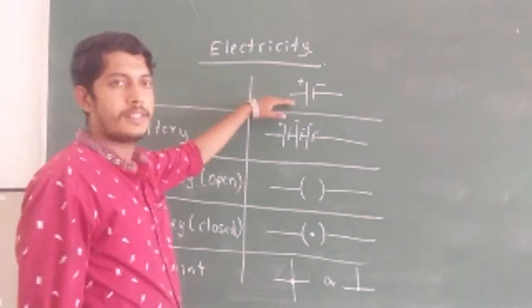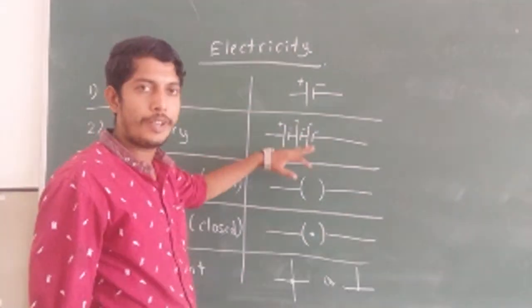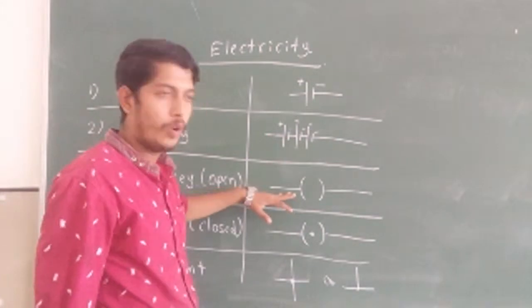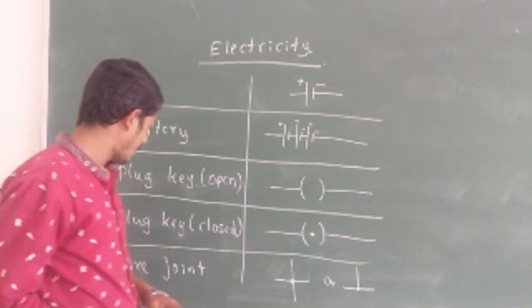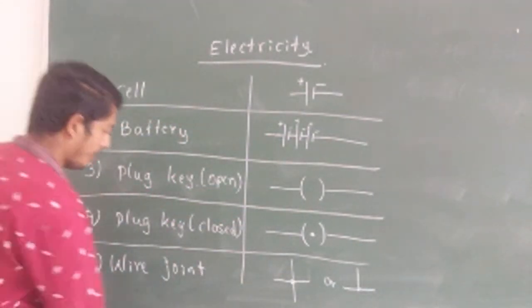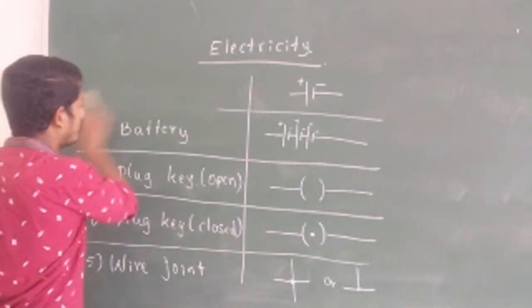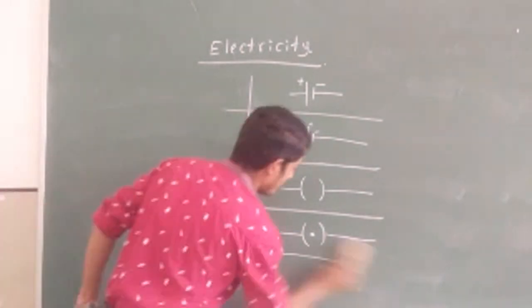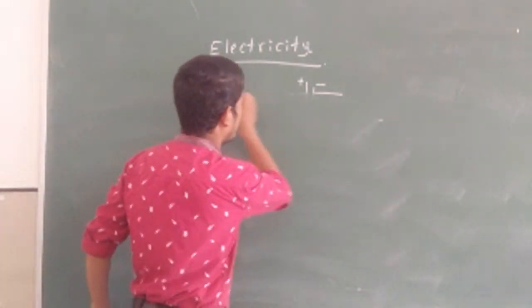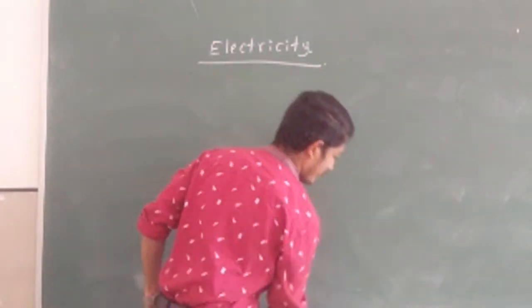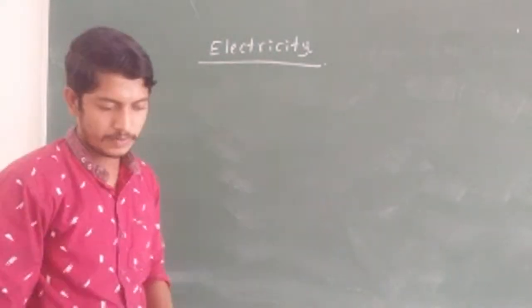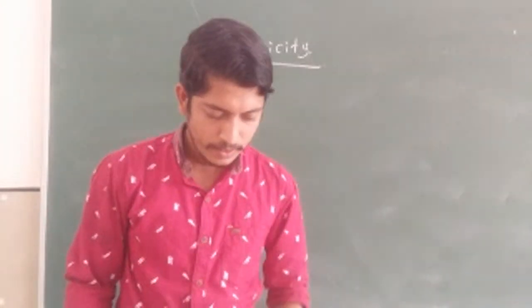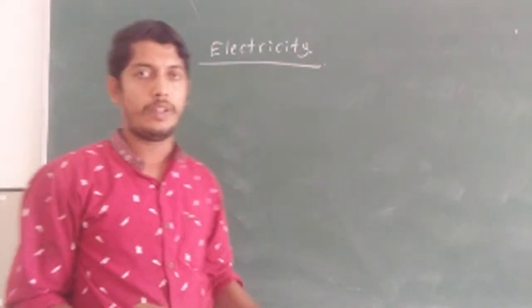Cell, it is a single unit, and a battery is a combination of many cells, and plug key open, plug key closed, and wire joint. The next one is wire crossing without joining.